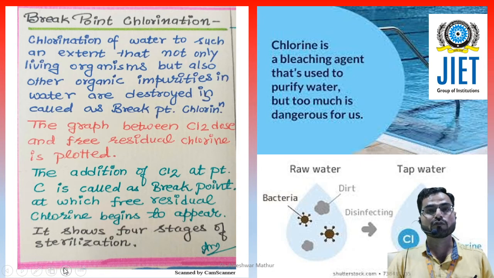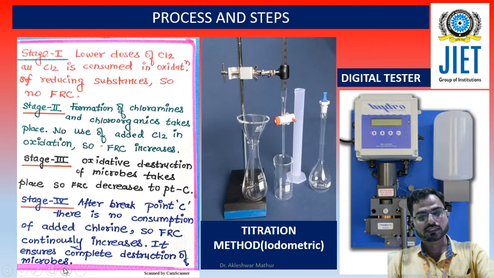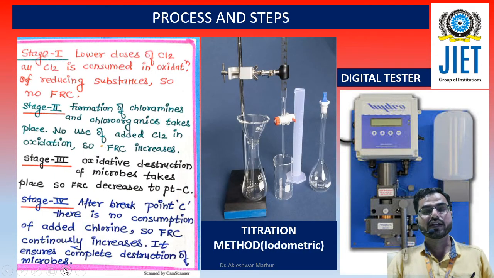So you can find what amount of chlorine is present in different samples of water by the process of titration with your own hands. In addition to chlorine, point C is called the break point. So we discuss different stages of the break point chlorination.